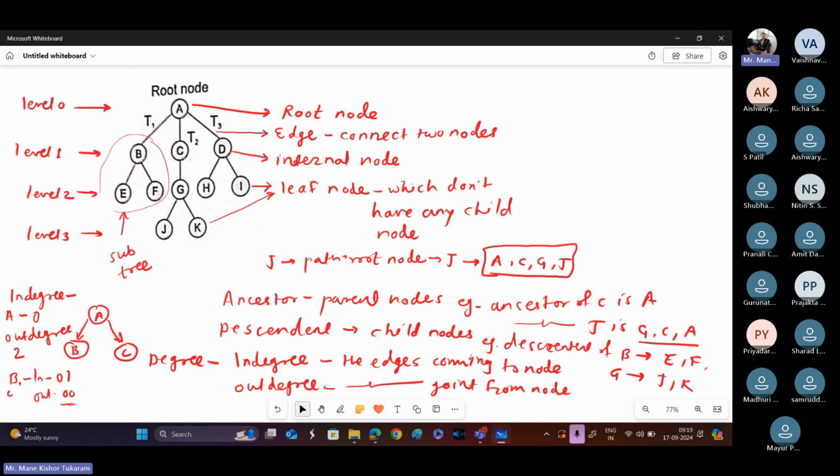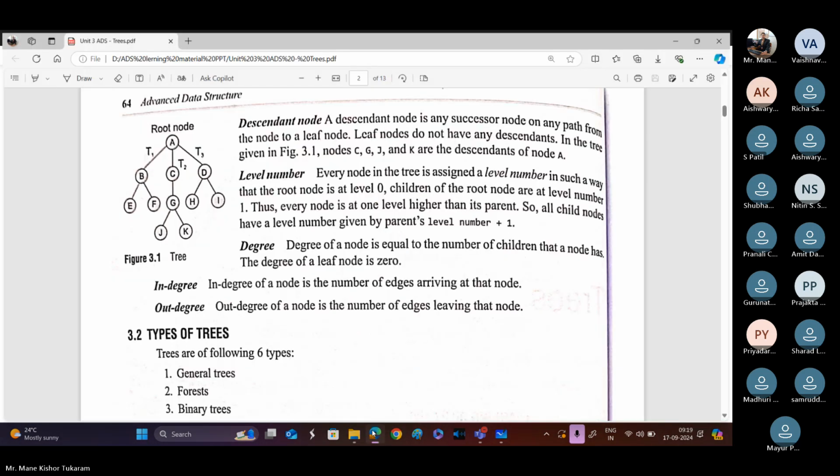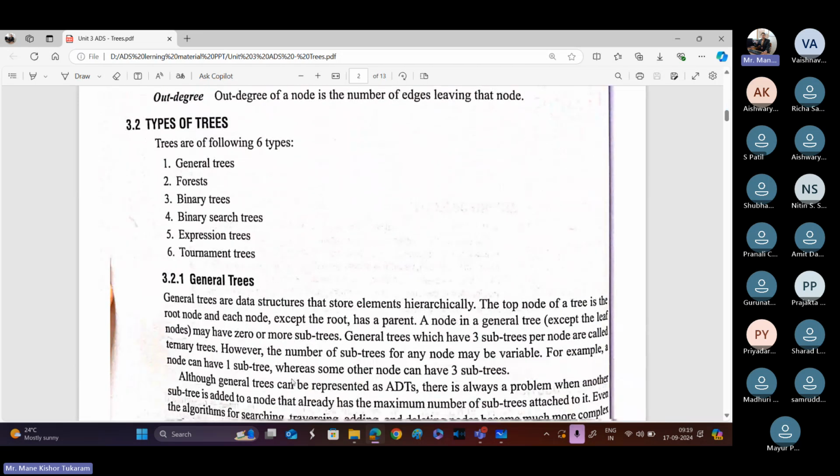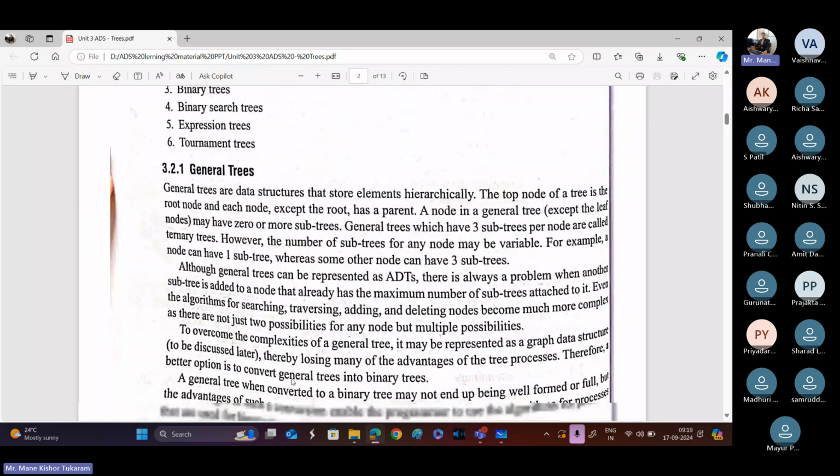Okay, then here we have one more concept, which is called the height of the tree.